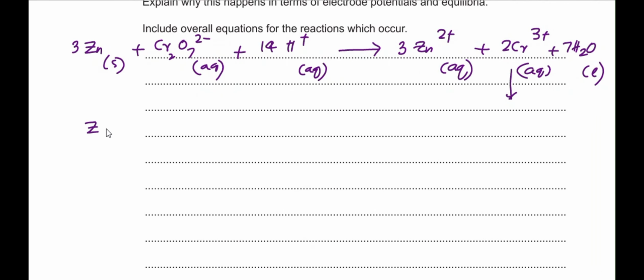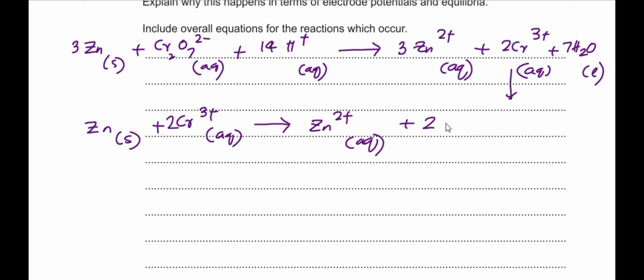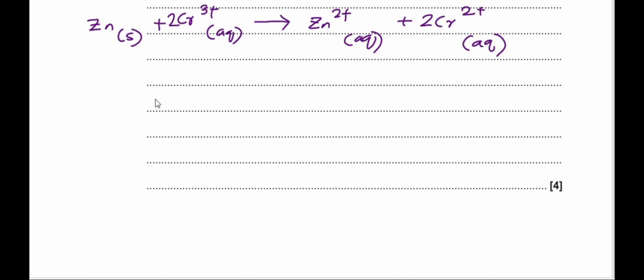Therefore, Zn (s) plus Cr3+ multiplying by 2 (aq) gives Zn2+ (aq) plus 2Cr2+, which is the end product that we wanted here, (aq). We also need to write the reason here.